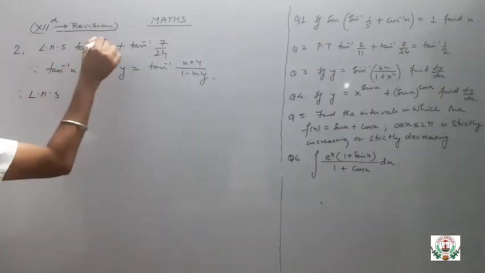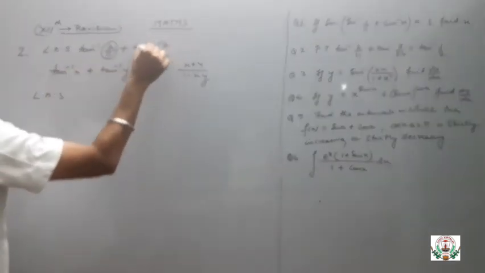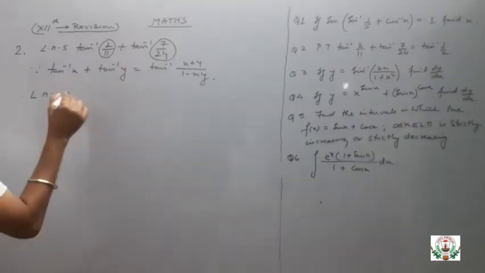So in this LHS, in place of x it is 2 by 11, in place of y is 7 by 24. So it becomes tan inverse of 2 by 11 plus 7 by 24 upon 1 minus 2 by 11 into 7 by 24. Okay, now we have to simplify it.